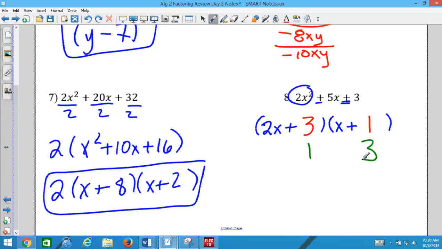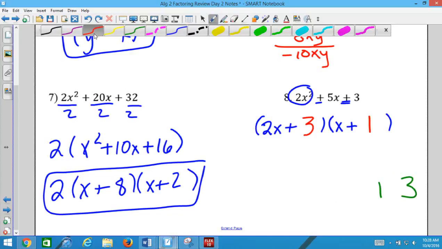I've got 2 different options. Let me check option number 1 to show you why the answer is what it is. I'll just move 1 and 3 over here for a second.